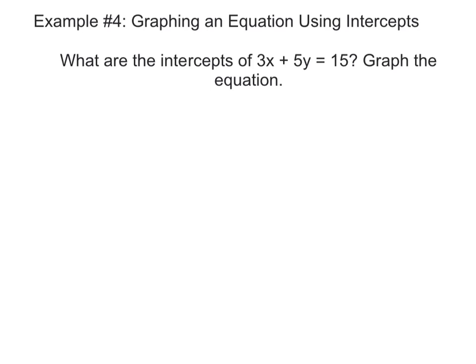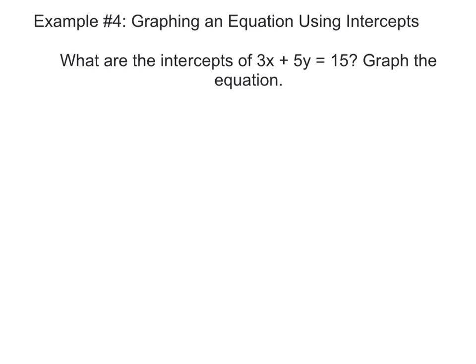So if I have a graph, remember this is the x-axis, this is the y-axis, and let's say this point, whatever it is, is our x-intercept, and the form of that ordered pair would be whatever our x value is, comma, 0. And this ordered pair would be 0, comma, whatever our y value is.